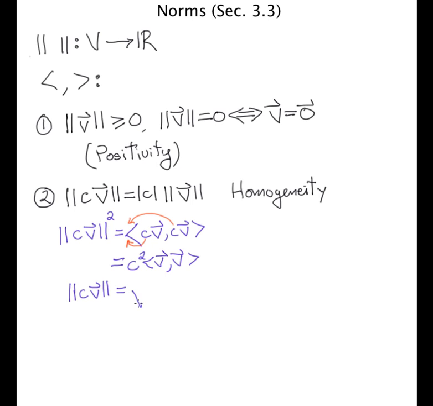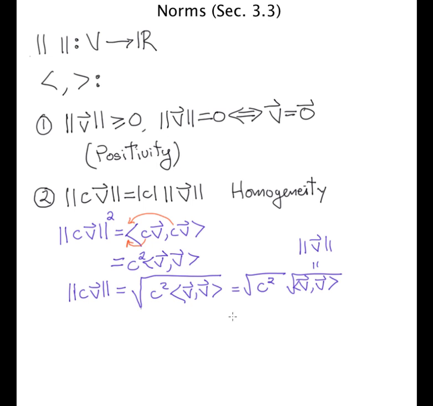you've got to be a little bit careful here. You get the square root of C squared times the inner product of V with itself, which is to say the square root of C squared times the square root of that, and this is the norm of V. And what's the square root of C squared?